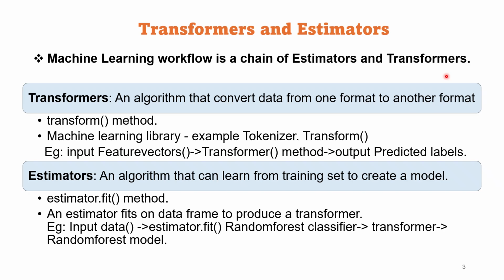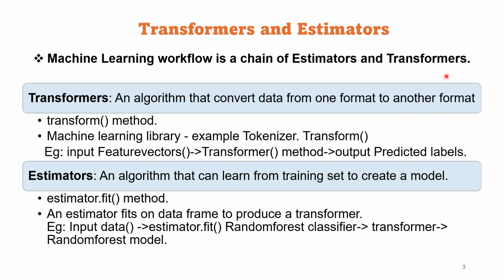In each stage of this conversion from text to numerical form vectors, the input data is transformed at each stage using the transform method. If you have used any machine learning library, then transformer functions may look like tokenizer.transform in NLP, that is natural language processing. The transform method updates the data set and passes the data set to the next stage.